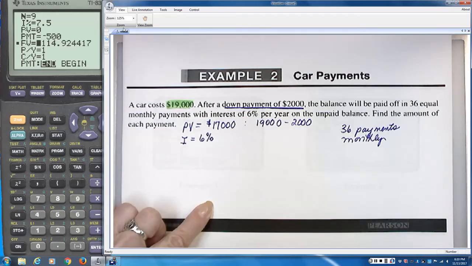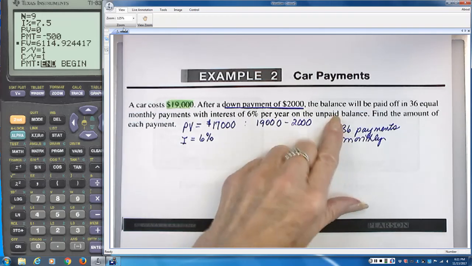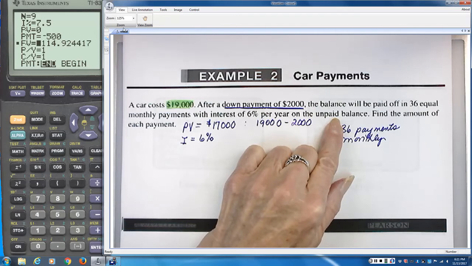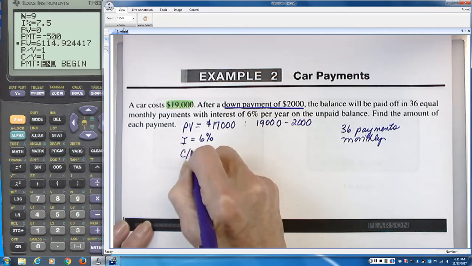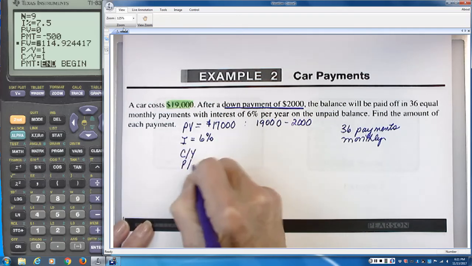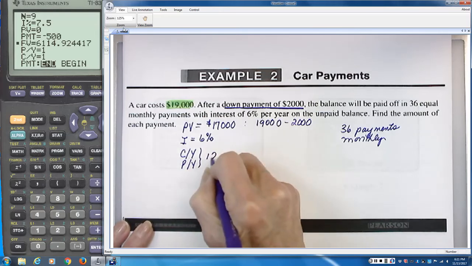But if they're making monthly payments and the interest is being charged on the unpaid balance at the end of each month, that means that the compounding periods and the payment periods are both going to be 12.